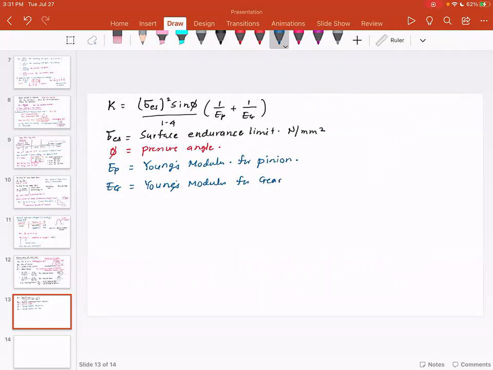Now, the alternate way of doing this is we can use table 28.9. If you look at table 28.9, you have the material, the Brinell hardness number, and sigma ES.